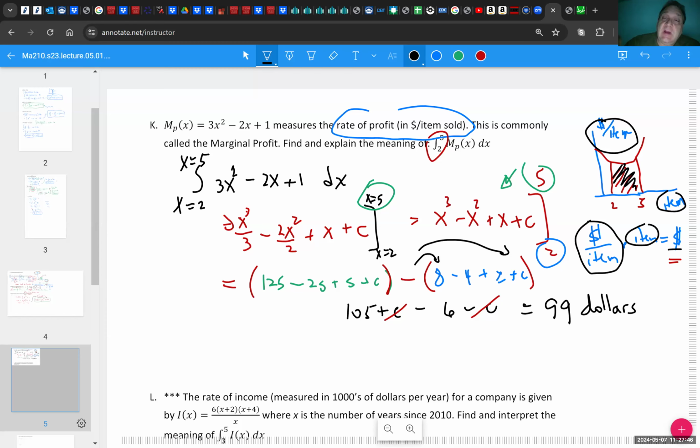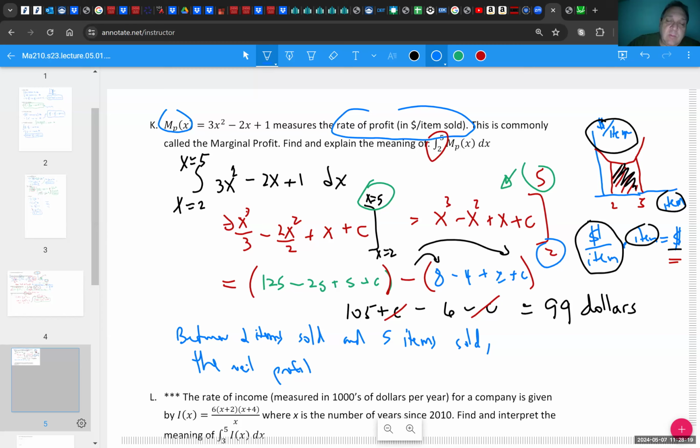Okay, so what did I have? Well, I know that the original function was marginal profit, so the antiderivative function is going to be profit. So between 2 items sold and 5 items sold, the net profit was $99.